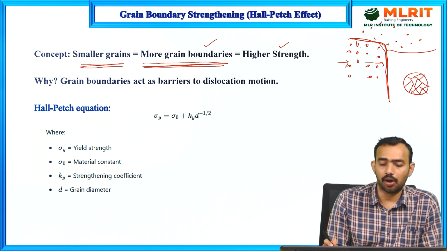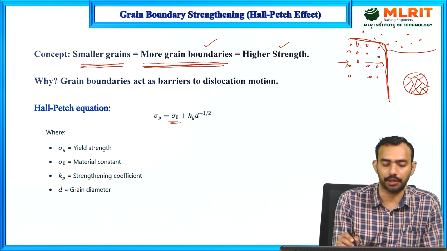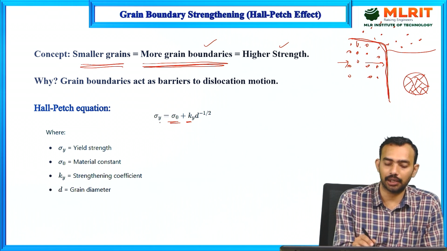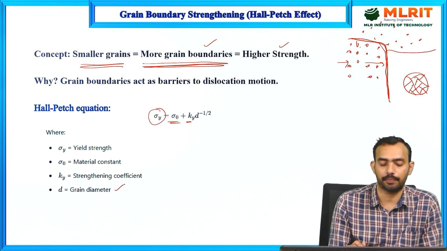So what is the Hall-Petch equation? The Hall-Petch equation is sigma y, that is the yield strength, equal to sigma naught, a material constant, plus ky, a strengthening coefficient, multiplied by d to the power of minus 1 by 2, which is nothing but 1 by root d. So the yield strength is inversely proportional to the root of the grain diameter.